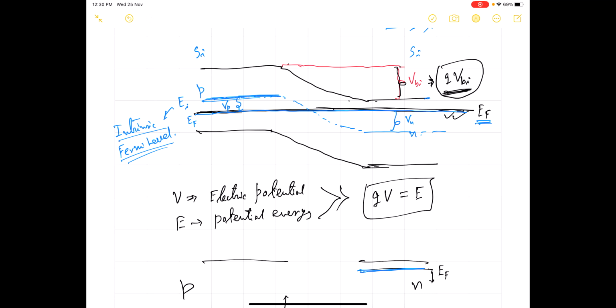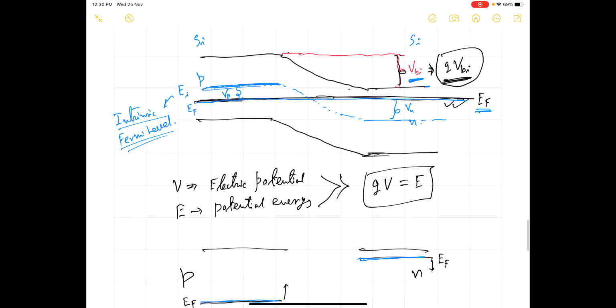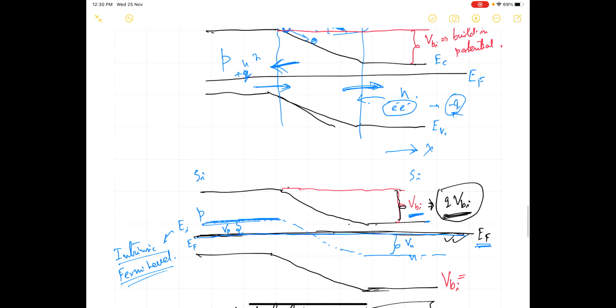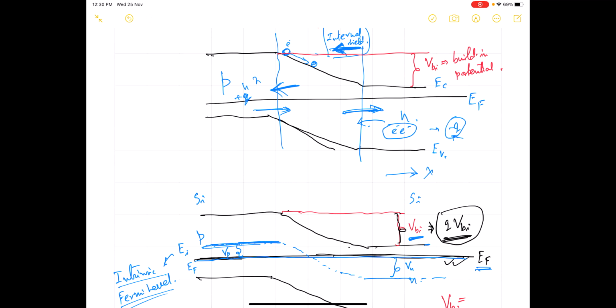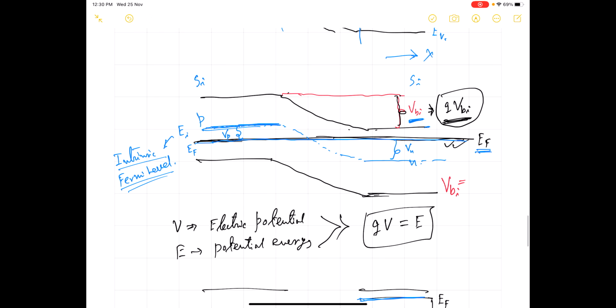So the net potential which forms at a PN junction, how much will it be? The built-in potential VBI will be the sum of the potential generated by the n type doping plus the Vp generated by the p type doping.